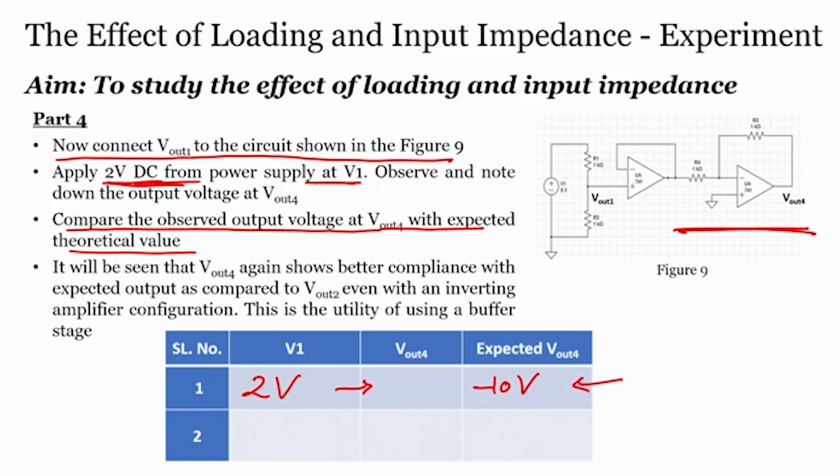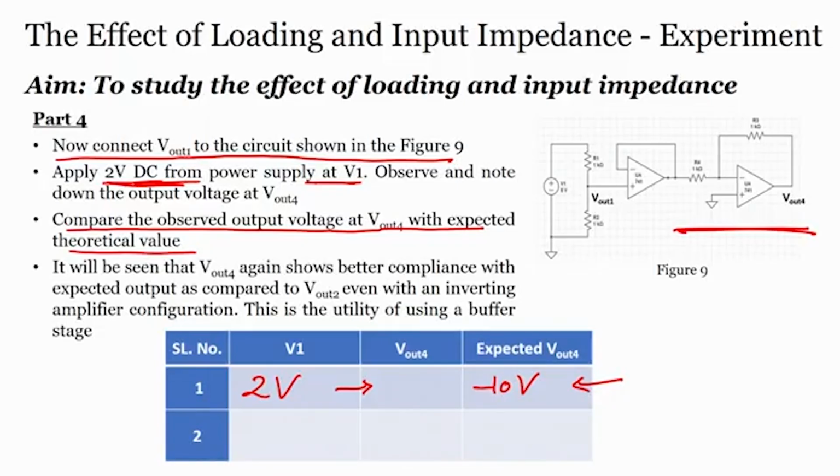The gain formula for the non inverting amplifier is 1 plus Rf by Rn, and for the inverting amplifier it is minus Rf by Rn. With a non inverting amplifier, the resistor selection is very important. With the inverting amplifier it is a little bit easier, and that is why we have considered the inverting amplifier here.